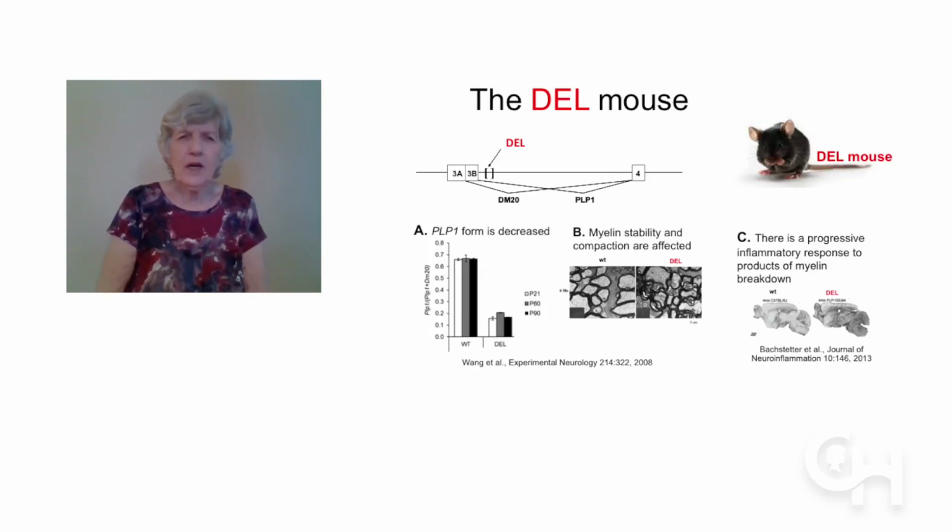In B, we showed by electron microscopy that myelin stability and compaction were affected in the mouse. And in C, in brain sections stained for inflammatory markers, we showed that there was an inflammatory response to the myelin breakdown. These data from the papers provide the connection between the splicing defect and disease.